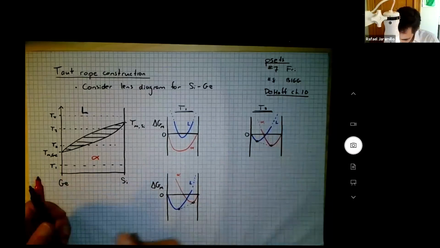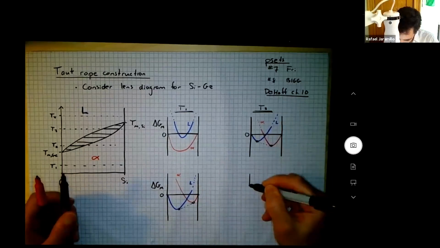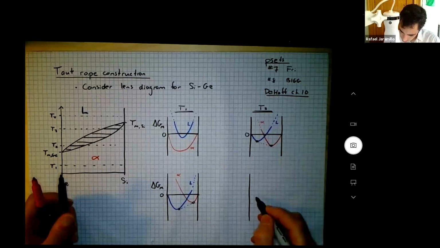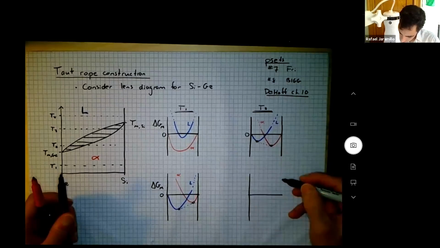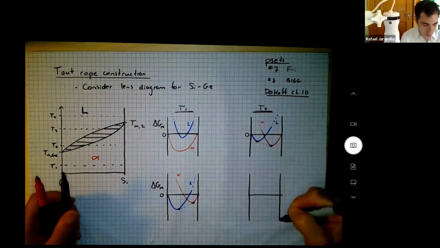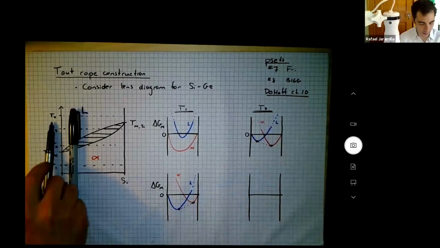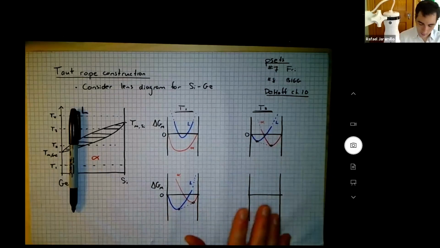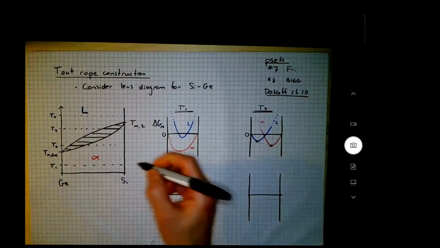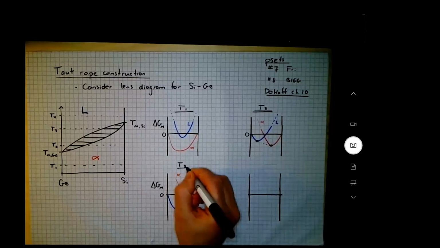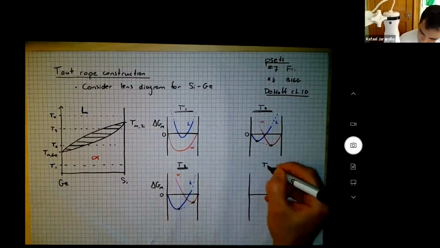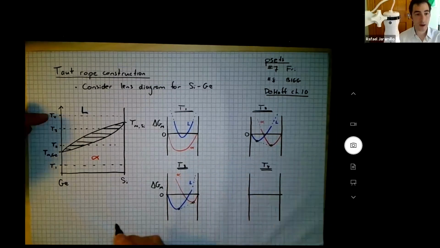And lastly, somebody who has not spoken yet today, what is my free energy composition diagram at temperature T4? That is up here.